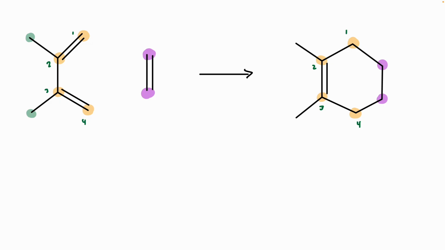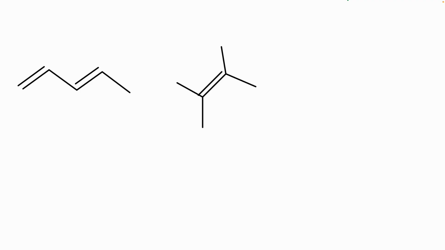So what if it wasn't in this S-cis conformation? What if instead I gave you this example? All right, and I said, give me my products here. The first thing we want to do is to rotate this into that proper conformation, right?